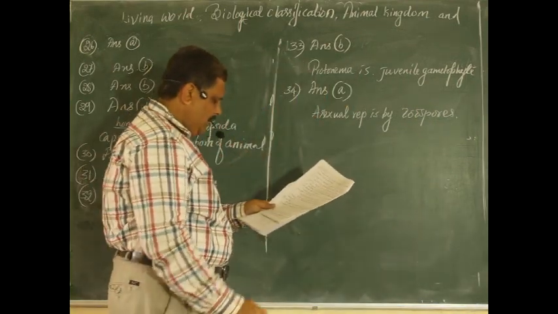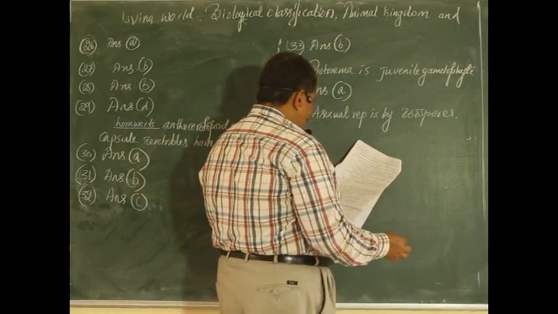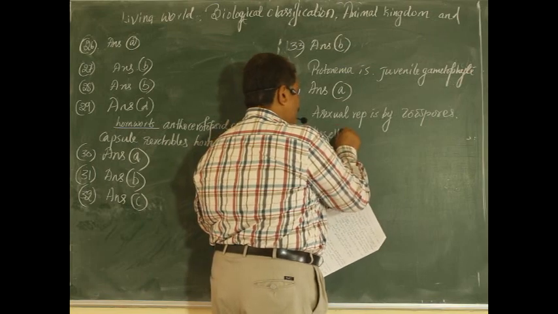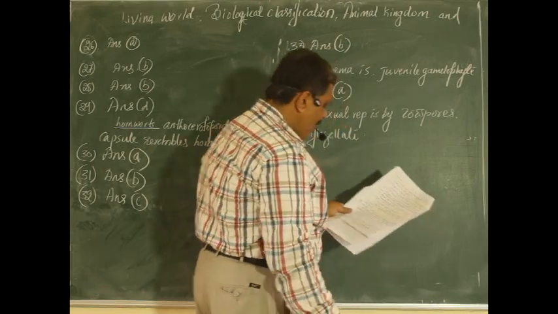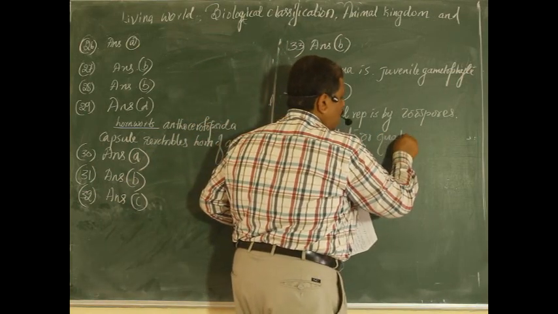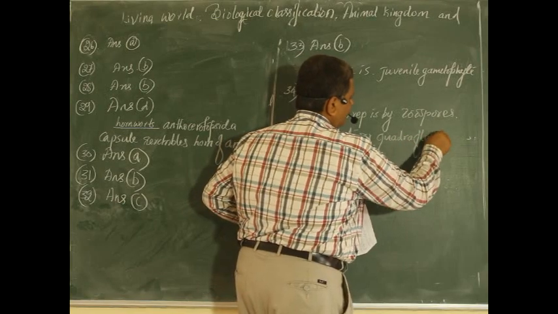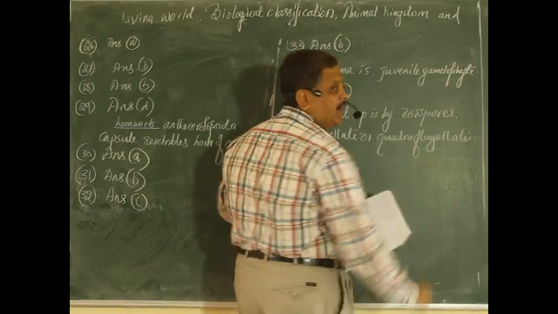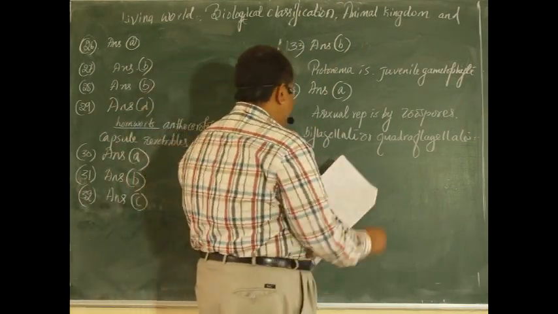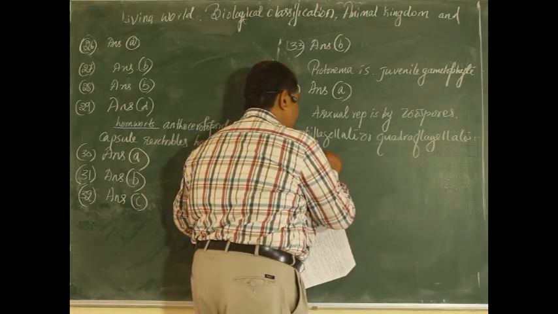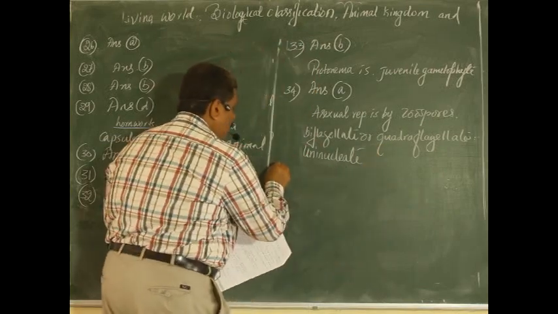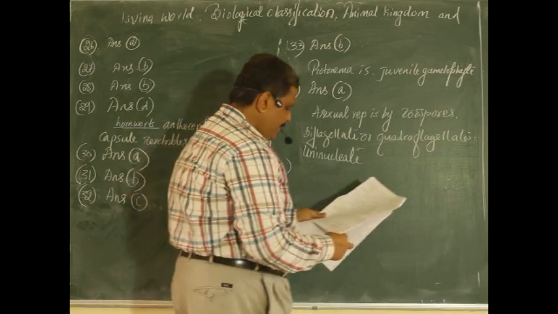The zoospore is biflagellate, with two flagella, or sometimes quadriflagellate, that means with four flagella, and it is uninucleate, with one nucleus.